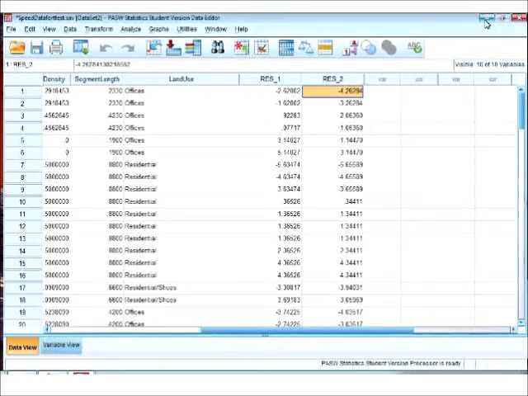Is it clear now? Multicollinearity, as the name explains, collinearity means the independent variables are linearly related with each other, and multi means more than one variable. So clear now? Yes? Okay. Any other question?